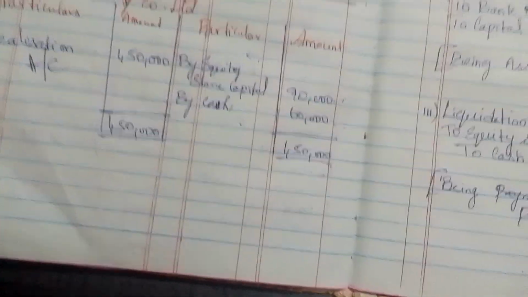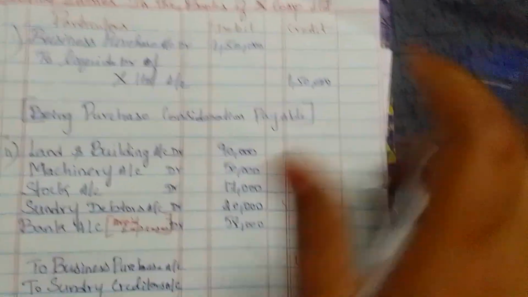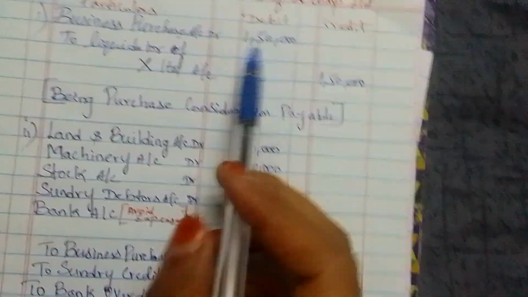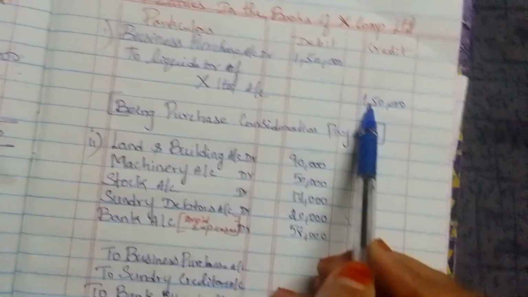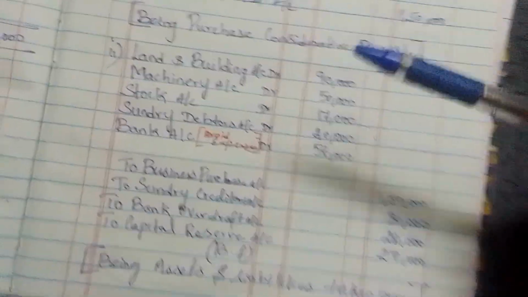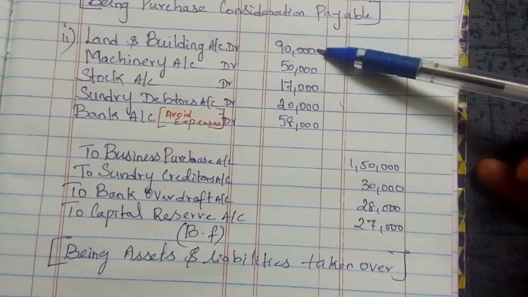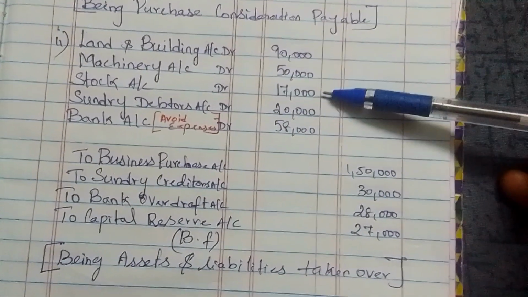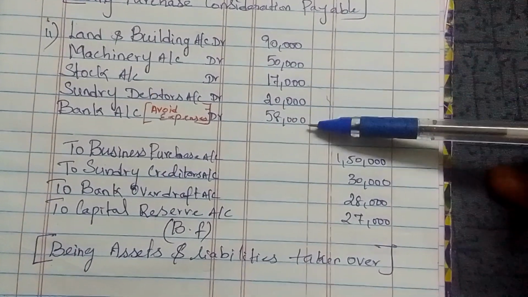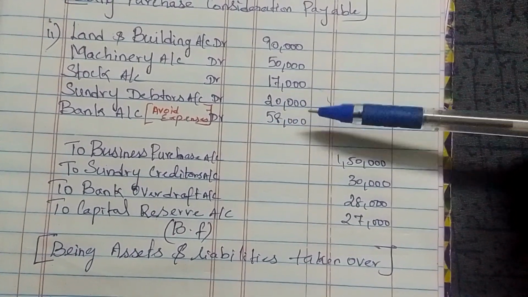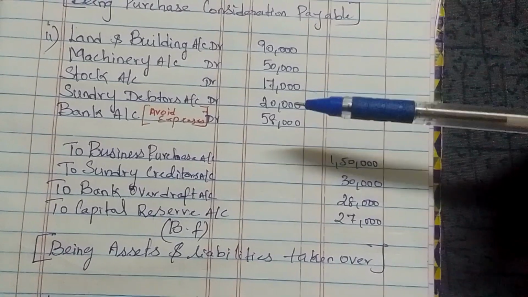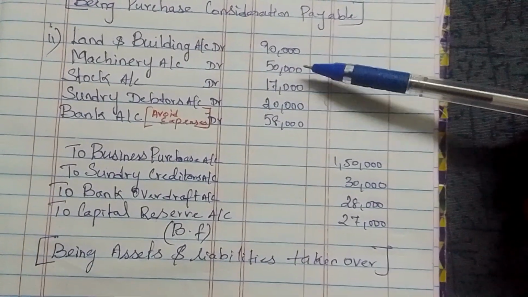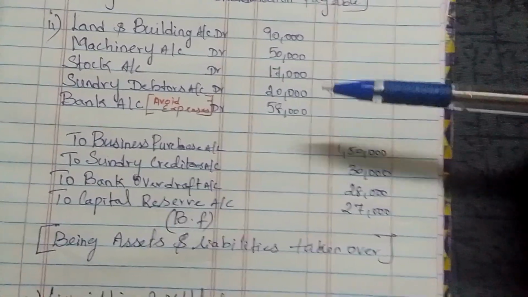Clear? Now automatically we are moving to the next step, the journal. The purchase consideration value is 1,50,000. Next, assets and liabilities. The asset values in the working note are land and building, machinery, stock, debtors, and the takeover liabilities, bank overdraft and sundry creditors: 90,000, 50,000, 17,000, 20,000, 58,000.